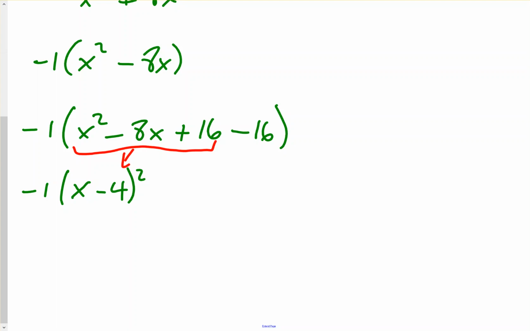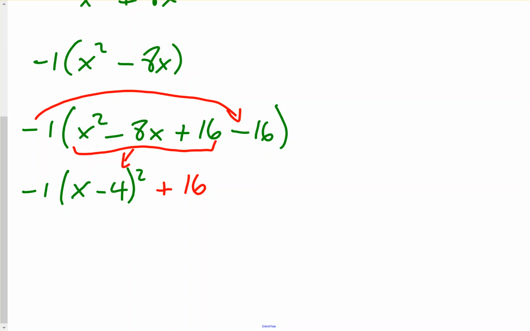Okay, and then this minus 16 we're going to keep outside. But now think about it, you have a negative 1 here that would distribute to that negative 16. So you have to acknowledge that, and the sign of that negative 16 actually becomes a positive 16, because negative 1 times negative 16 would be a positive 16.